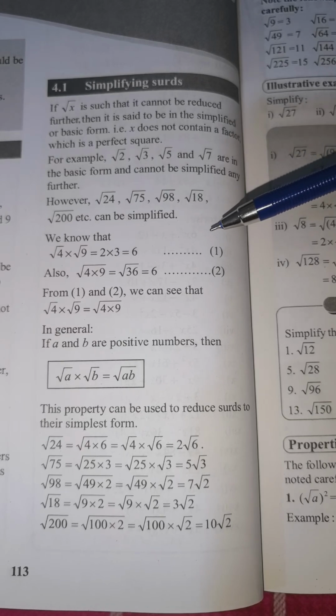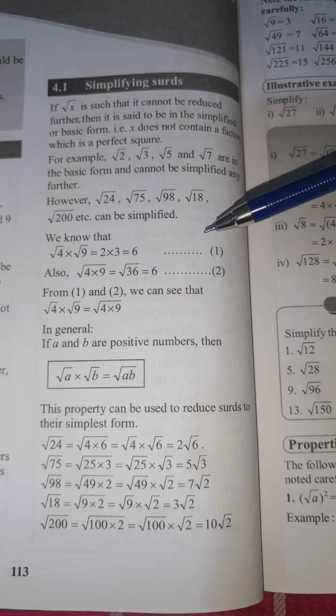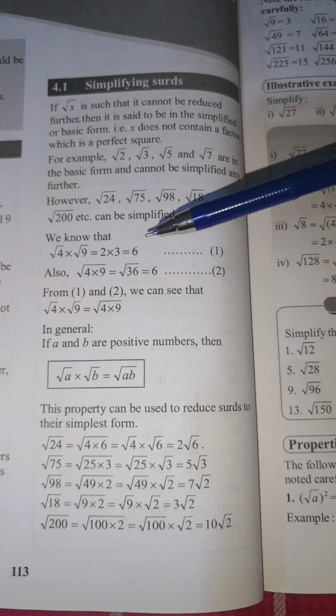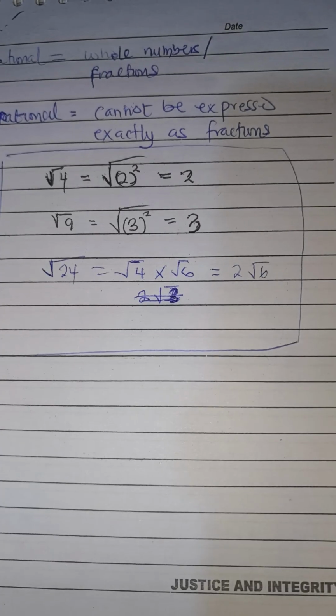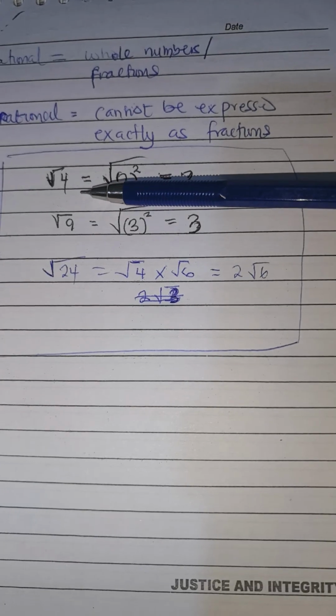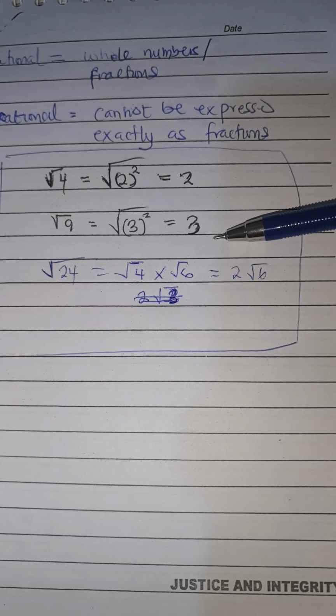Now we know that square root of 4 times square root of 9 will give us 2 times 3. Why are we saying this? Looking at square root of 4 and then square root of 9, how do we get 2 and then 3?